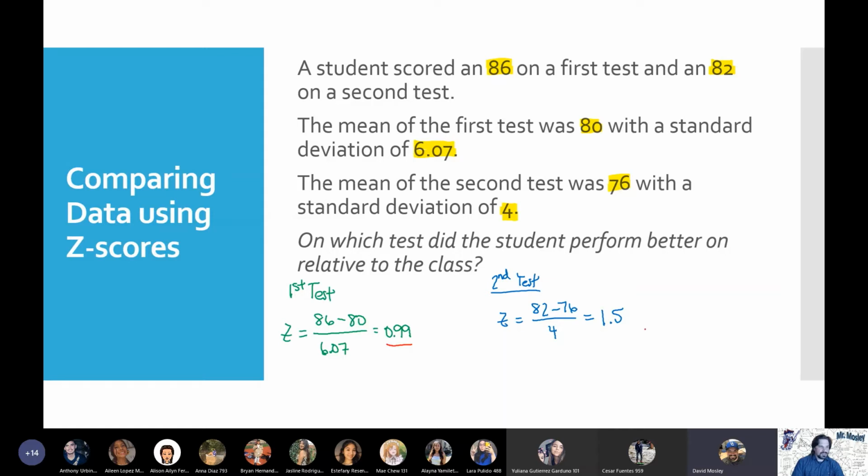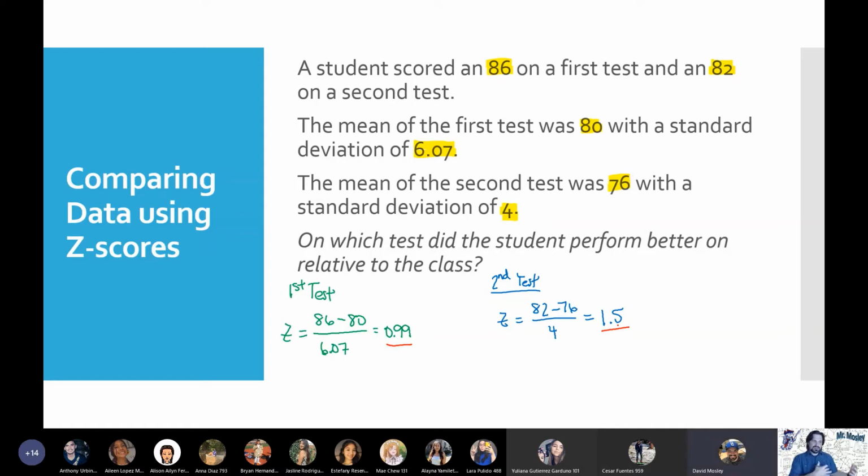Again, on the first test, we did 0.99, second test 1.5. So we're about 1 standard deviation away from the mean for the first test, but 1.5 standard deviations away from the mean in the positive direction on the second test.